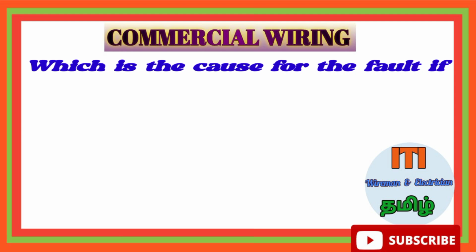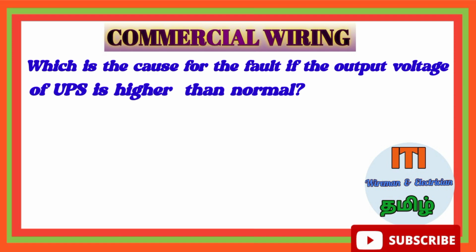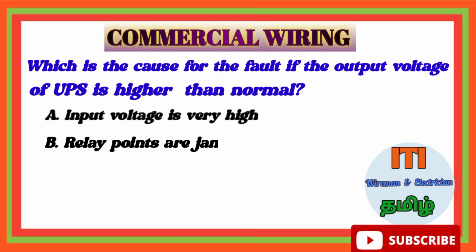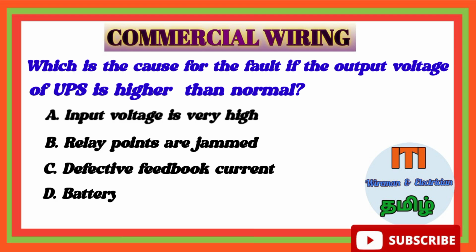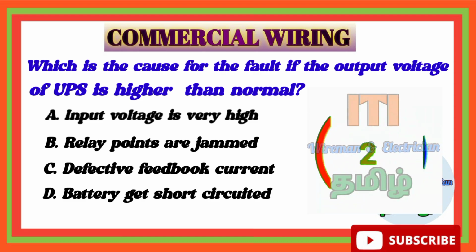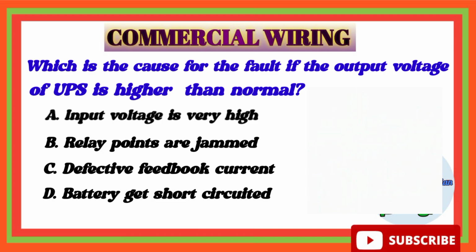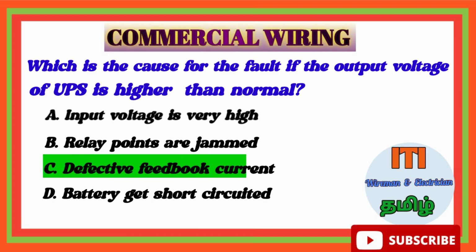What is the cause for the fault if the output voltage of UPS is higher than normal? Option A, input voltage is very high. Option B, relay points are jammed. Option C, defective feedback circuit. Option D, battery gets short circuited. Answer: option C, defective feedback circuit.